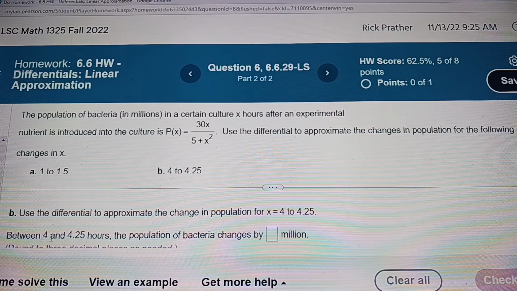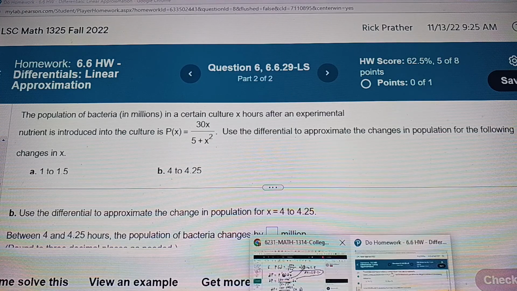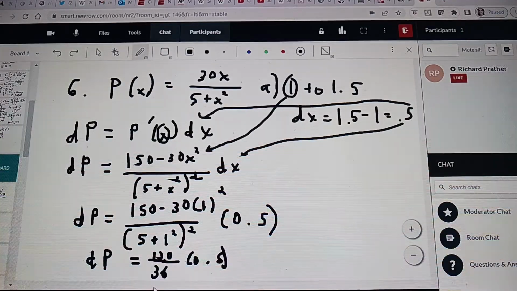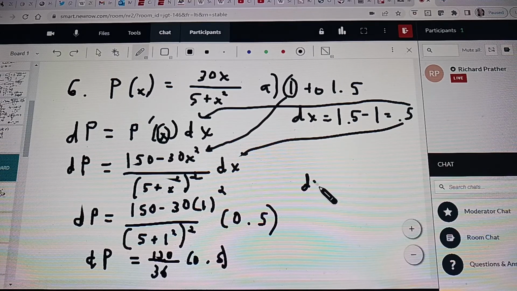So then the only difference on part B is your dx changes. 4.25 minus 4 will be dx. 4.25 minus 4 is 0.25. And x is 4 now instead of 1.